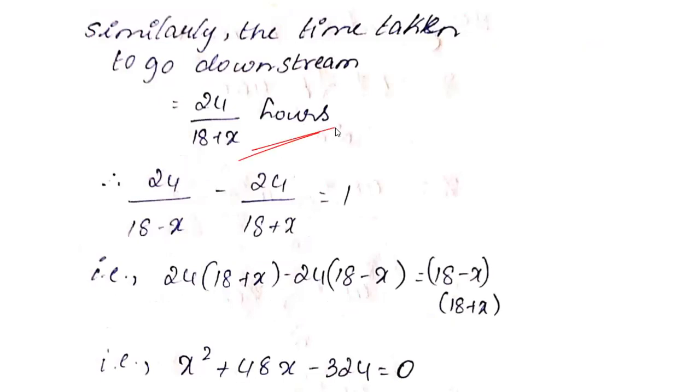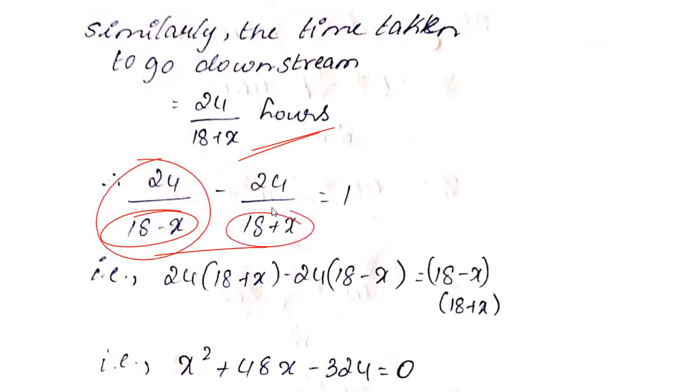We know 24 by 18 minus x is greater than 24 by 18 plus x. So we will subtract it like this. If the denominator is less, when you divide, you will get a greater value compared to the one where the denominator is more, right? So we subtract and end up getting the answer as 1 hour.